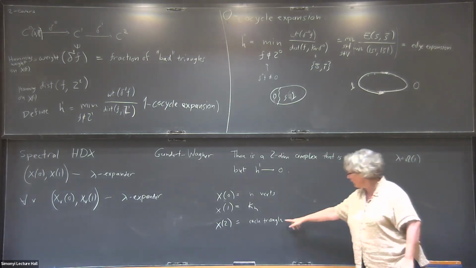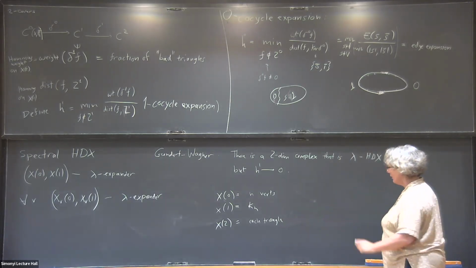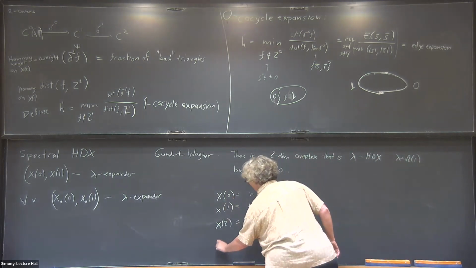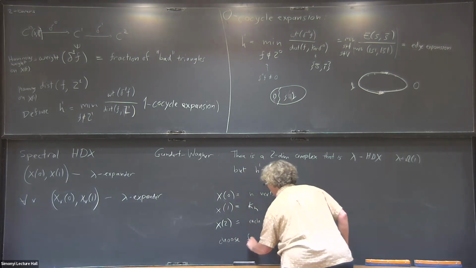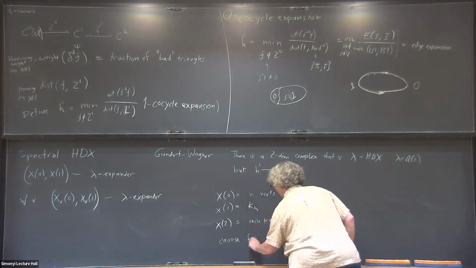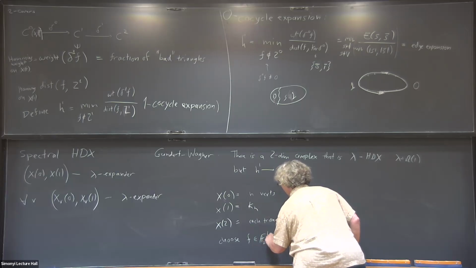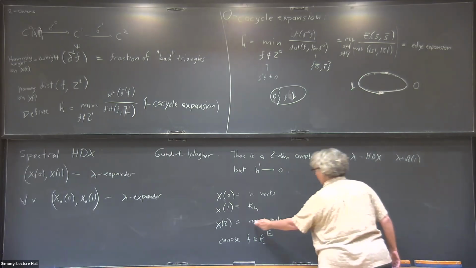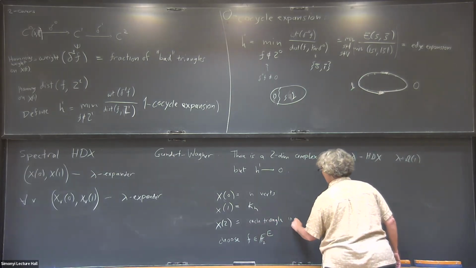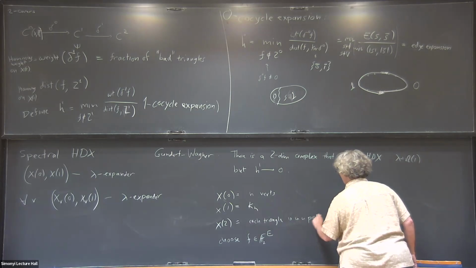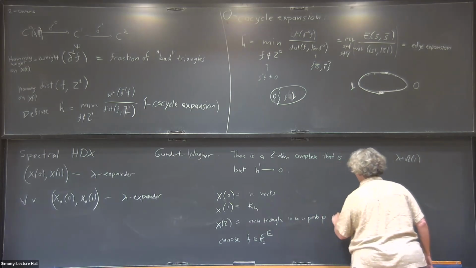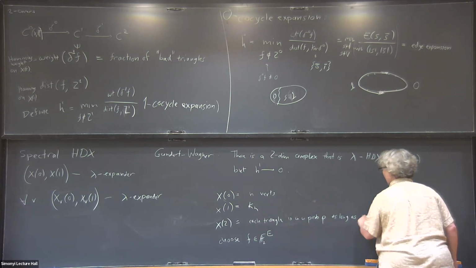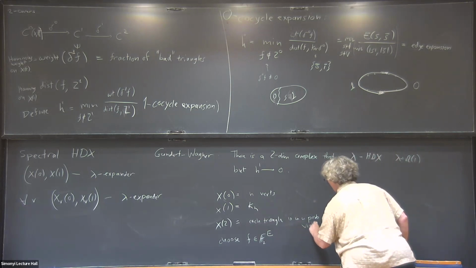I want to say each triangle is chosen independently, but instead I'm first going to choose some f at random, just a chain on the edges, uniformly at random. And then each triangle is in with probability p, as long as it doesn't violate f.